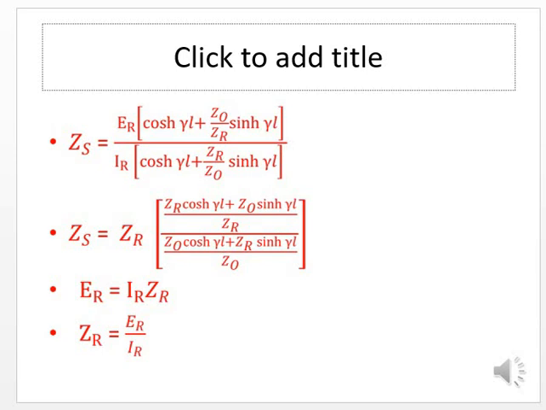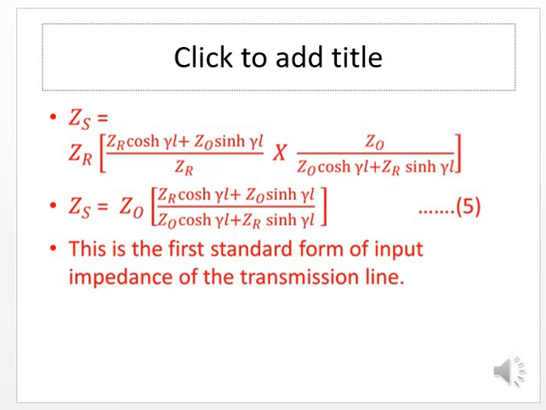In the denominator, keep Z0 as the LCM: [Z0 cosh γL plus ZR sinh γL] by Z0. So ZR is equal to ER by IR. ZS is equal to ZR into [ZR cosh γL plus Z0 sinh γL] by ZR into the reciprocal of the division term, that is Z0 divided by [Z0 cosh γL plus ZR sinh γL].